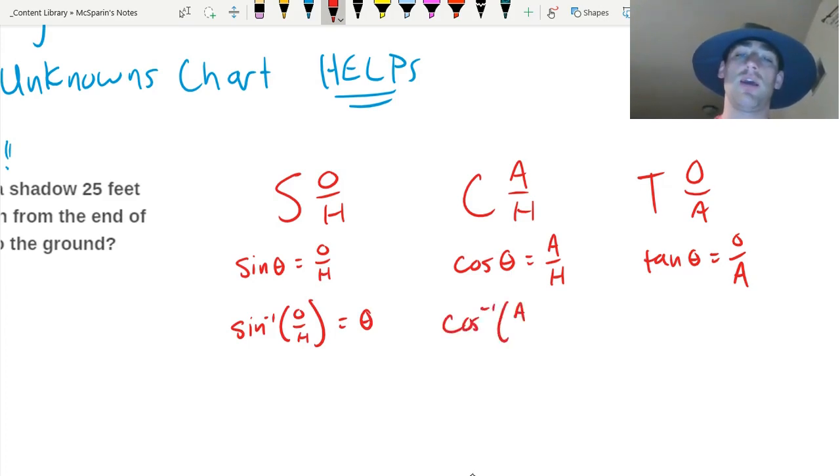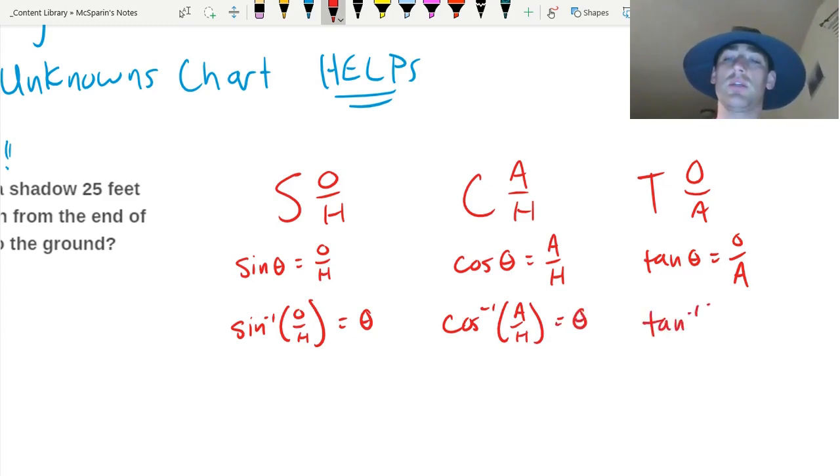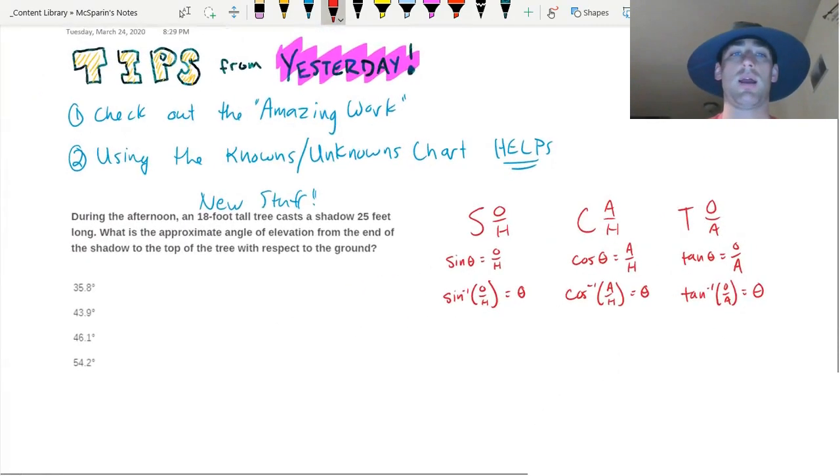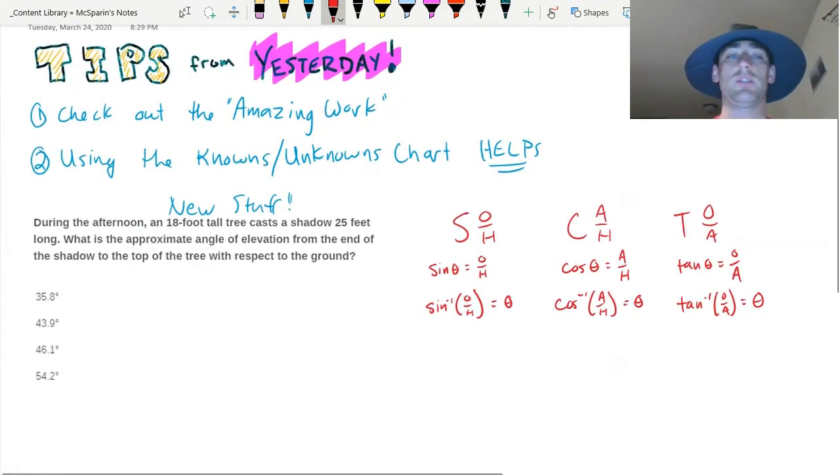Inverse cosine of A over H equals theta. Inverse tangent of O over A equals theta. You're going to use one of those in this problem, I guarantee. All right, so there are my relationships and equations.